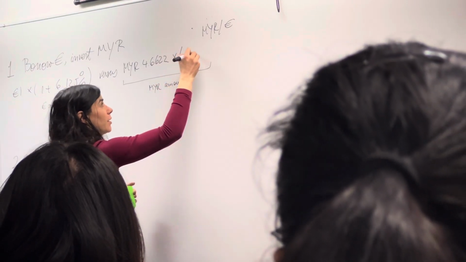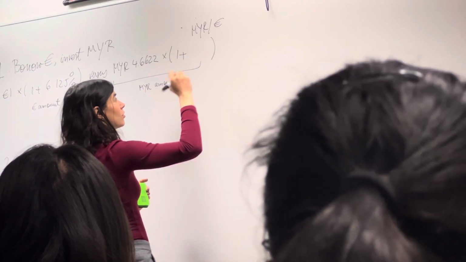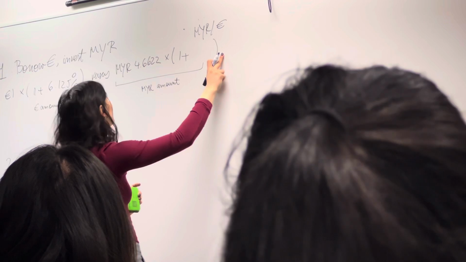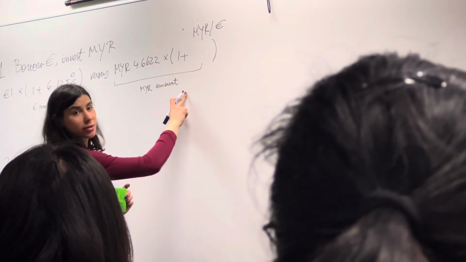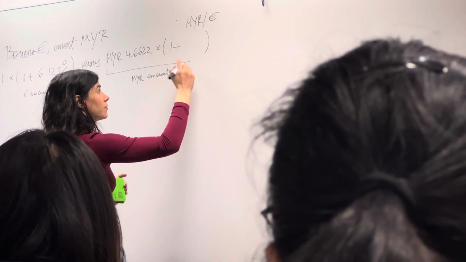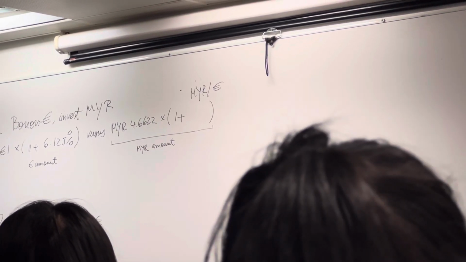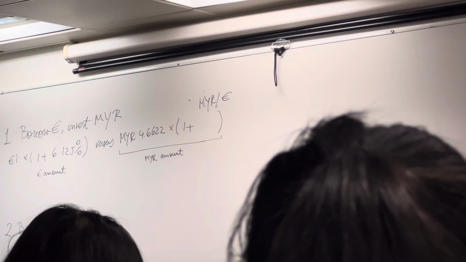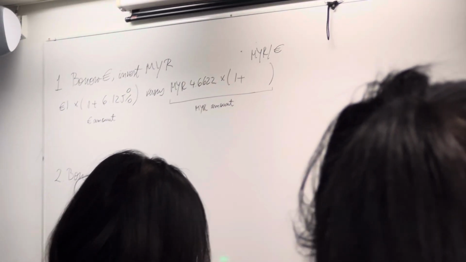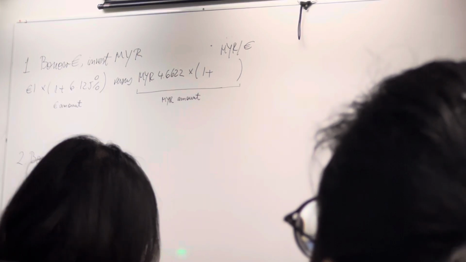This invested at the Malaysian interest rate will give us something in Malaysian ringgit, right? What is the interest rate that we should use? So we are depositing ringgit. 10 point?